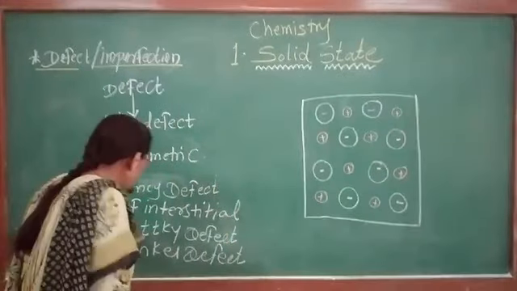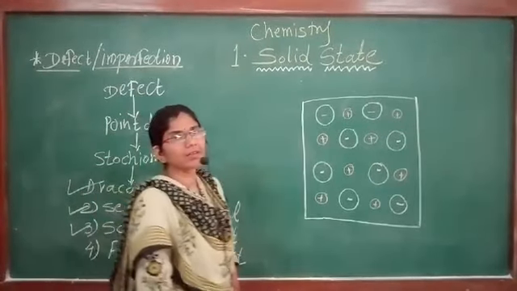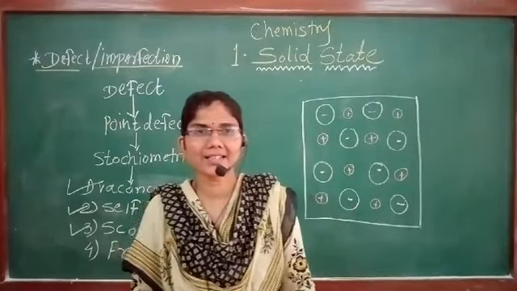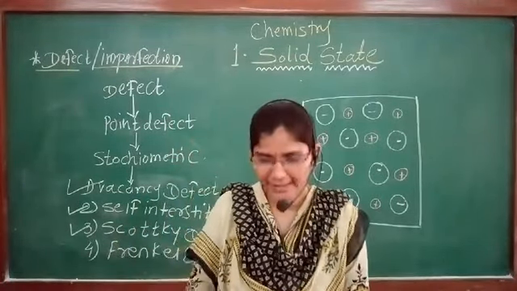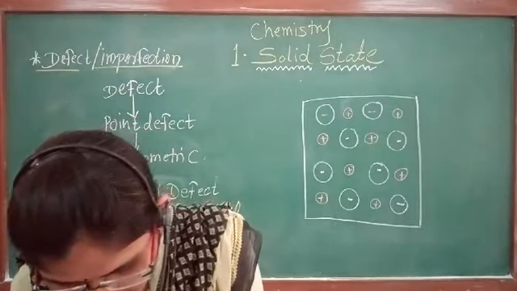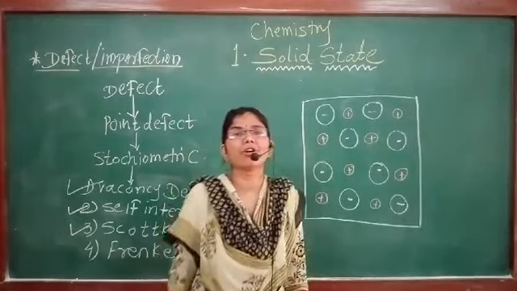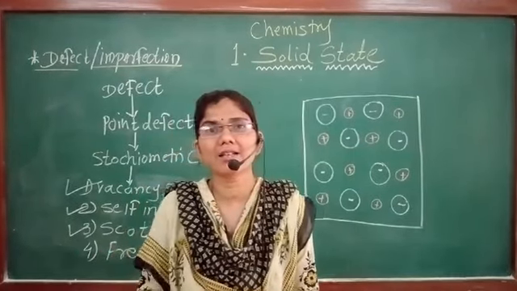Therefore, in the Schottky defect, we consider an ionic crystal, and in that ionic crystal an equal number of cations and anions are missing from their regular crystal structure.